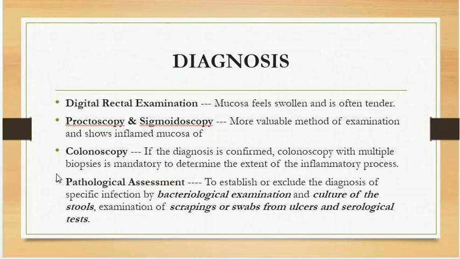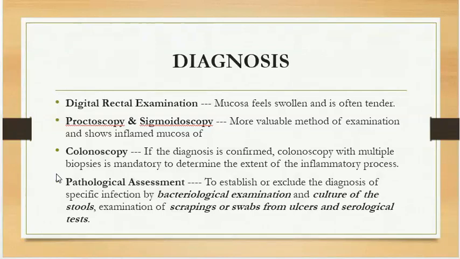Now, how do we diagnose proctitis? After history, if we go on to the examination, it is the digital rectal examination. On this examination, the mucosa feels swollen and there is often pain when we are palpating the rectum digitally.